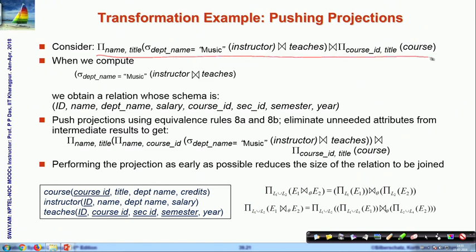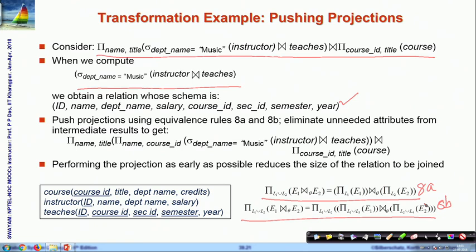So, here is what you wanted to do, and while we compute this, we will get a relation of this form, and we can use these rules, rule 8a and 8b. This is rule 8a, this is rule 8b. By this we can push the projections inside and make the relations smaller, because if you push the projection, then you are actually cutting down on the number of columns.